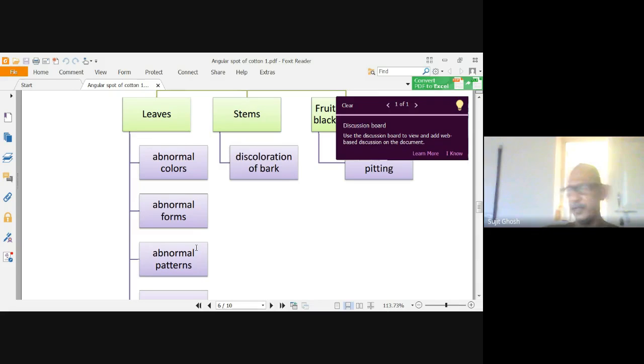Leaves with angular spot, and this angular spot having an abnormal color, abnormal form, abnormal pattern, and having dead tissues. On the stem, it is discoloration, and on the fruit, it is either dead tissue or a hole which may become black or brown.